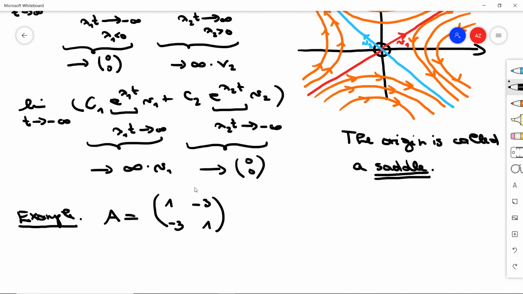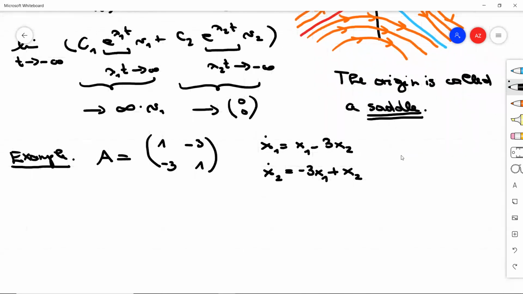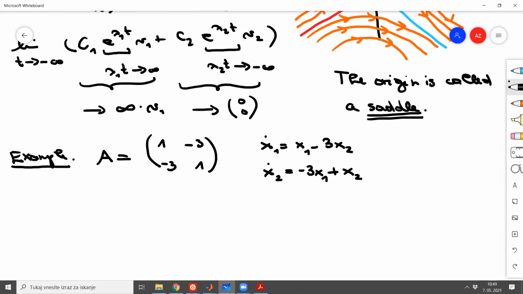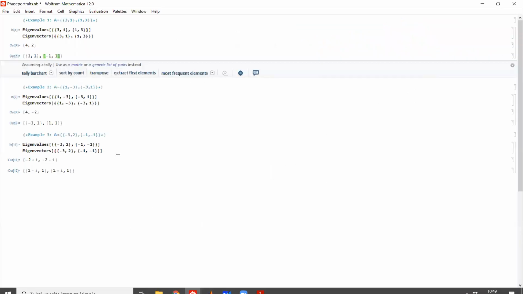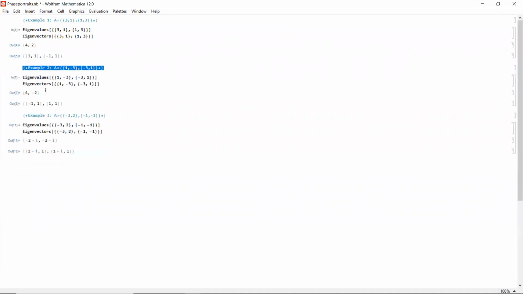So our system is x1 prime is x1 minus 3x2, and x2 prime is -3x1 plus x2. I will again use Mathematica to compute the eigenvalues and eigenvectors. So this is example 2.